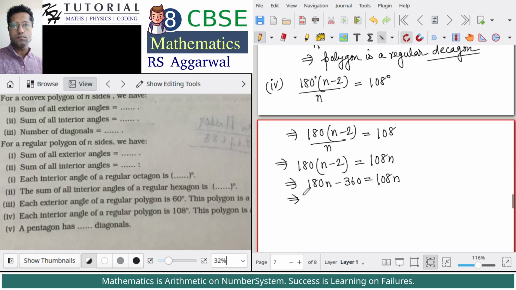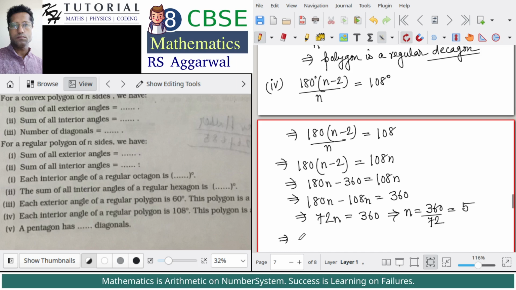Bringing all the n terms to the left hand side, we get 180 n minus 108 n is equal to 360. Simplifying further, the LHS becomes 72 n is equal to 360. This implies n is equal to 360 divided by 72, which is 5. So n is equal to 5.